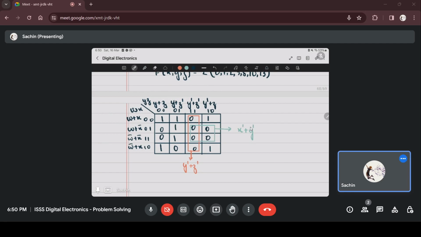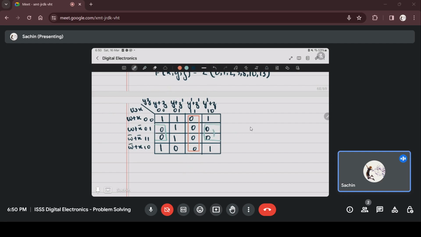And then the remaining zeros, wait, so actually there's another way to form a quad here that will cover more zeros. So you can form a quad like this so that these two zeros are also covered.